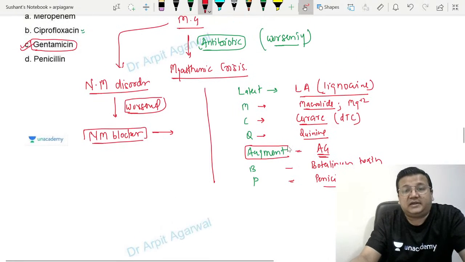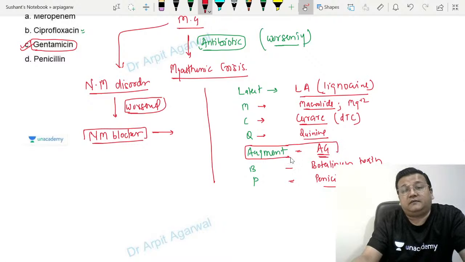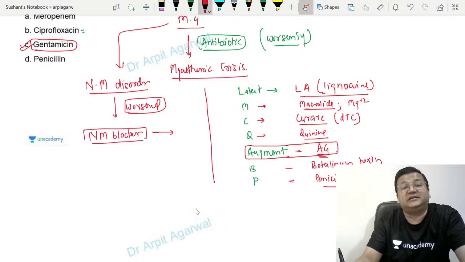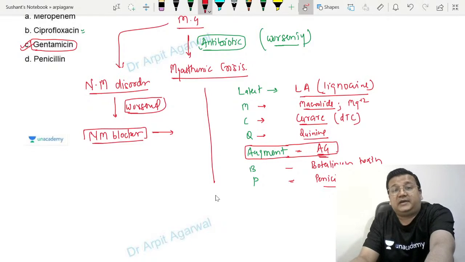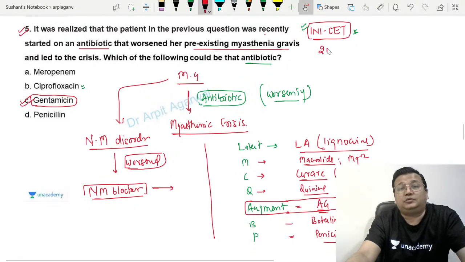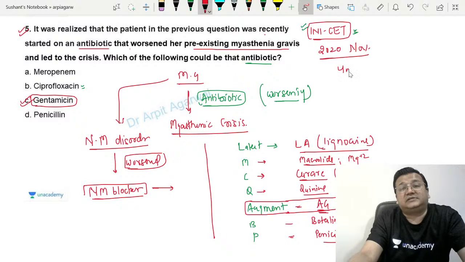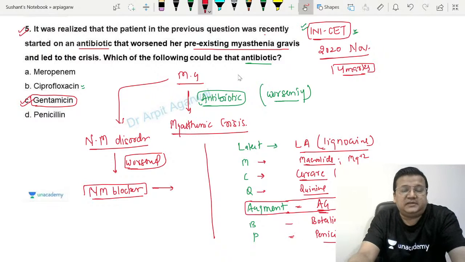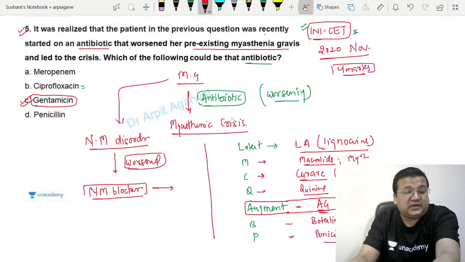So which antibiotic are we looking at? First of all, the best answer will be gentamicin. You see, Prabhakar, that is why this question was asked in INICET 2020 November. 4 marks in AIIMS you get. 4 marks you can get into AIIMS, JIPMER, PGI by solving these kinds of questions.